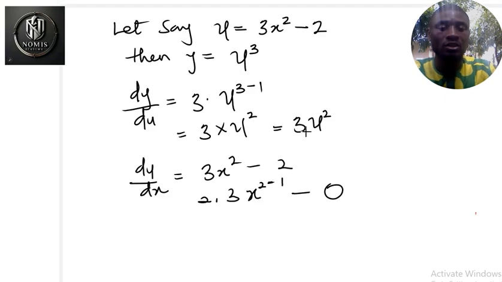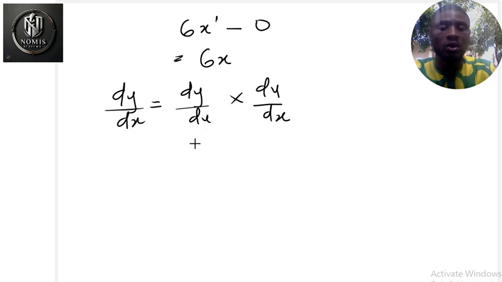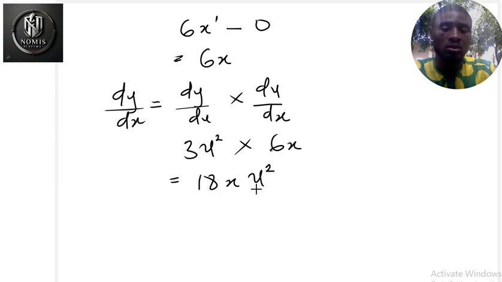So my dy/du was 3u squared, so I'll put 3u squared multiplied by my du/dx, which is 6x. So you can simplify this by saying 3 times 6 gives you 18, then x times u squared. So you can expand this u to know the value.